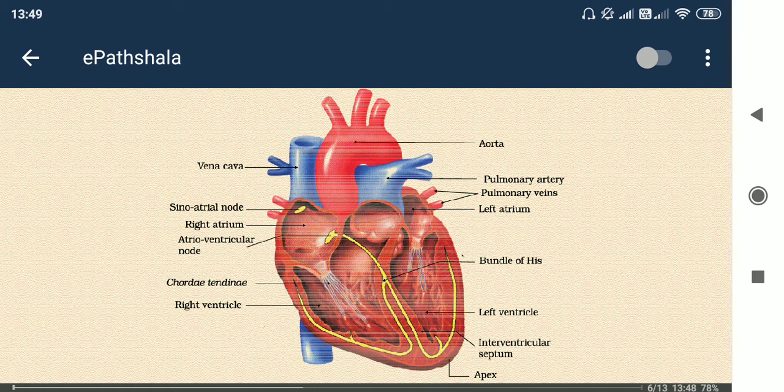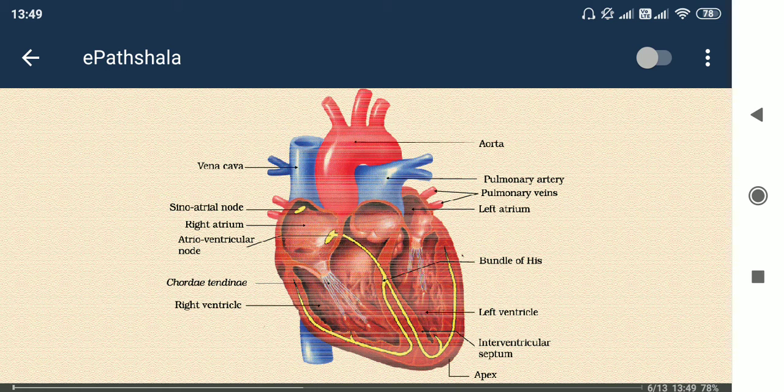After that, the impulse generated by the SA node is already circulated to the other parts, meaning the left ventricle and right ventricle.